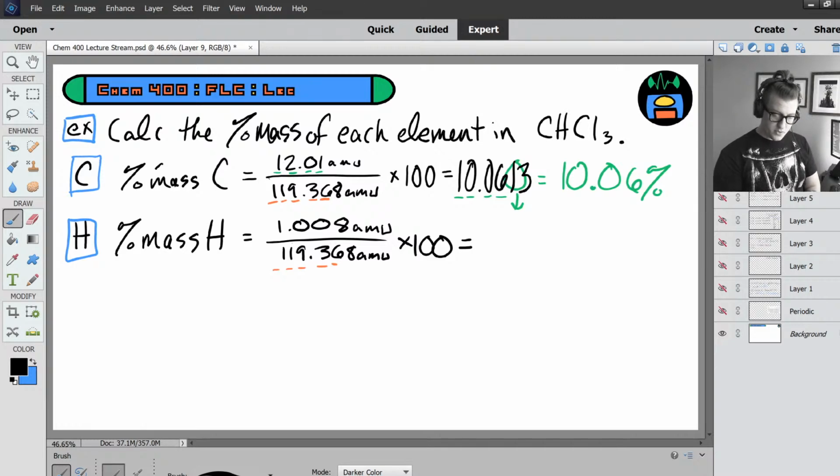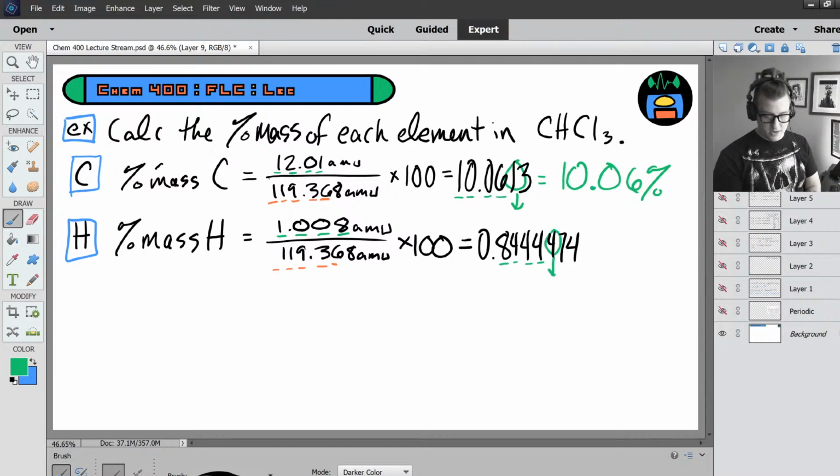Our value is 0.84444474. It keeps going, but we do not have to. Our numerator is 4 sig figs, our denominator has 5, so we are limited to 1, 2, 3, 4.